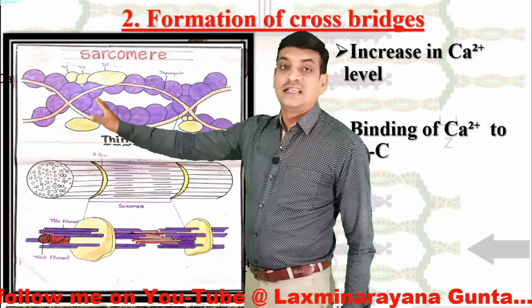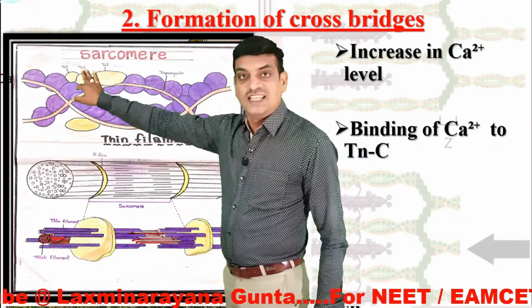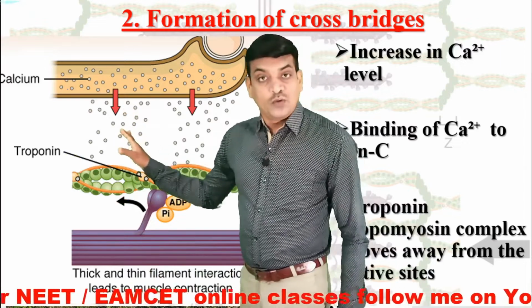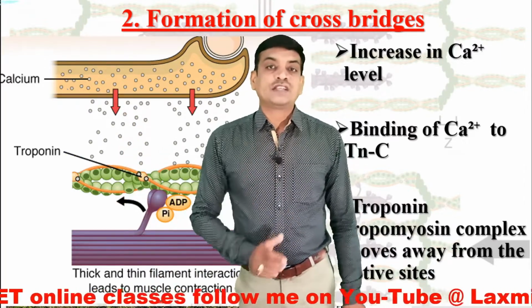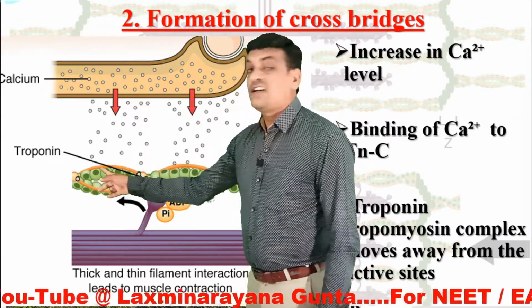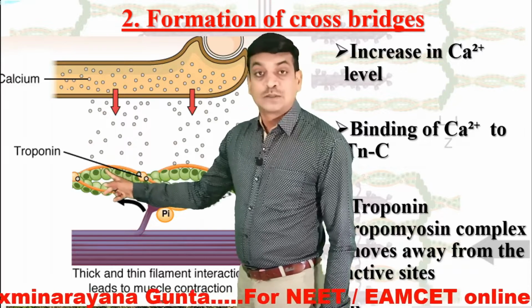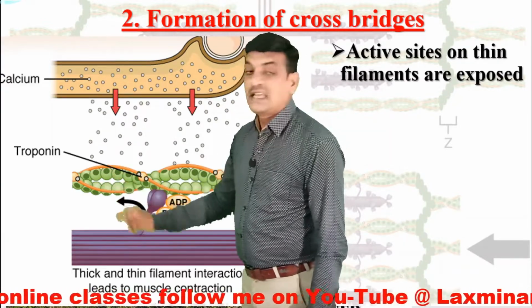And as these calcium ions attach with the troponin C, what happens? The tropomyosin complex moves away from the active sites of the actin filament, thereby the active sites of actin filaments are exposed. Here you can clearly observe the active sites are exposed.